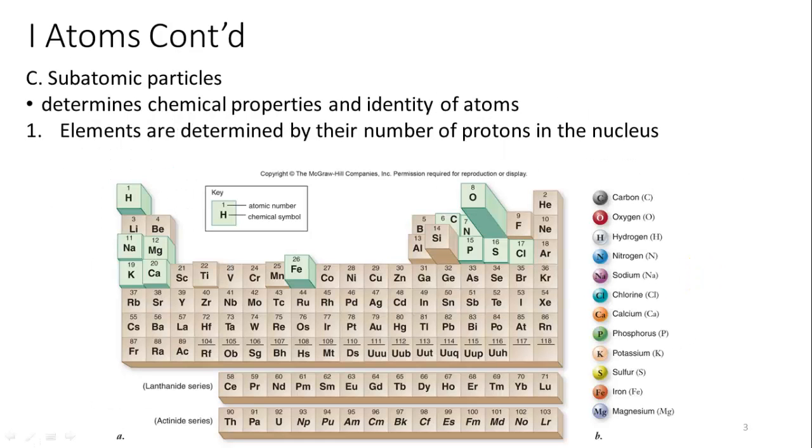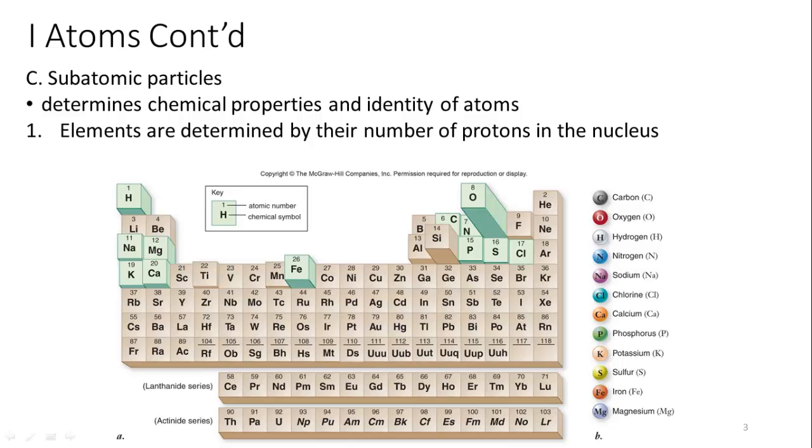These subatomic particles, like I mentioned before, determine the chemical properties and the identity of atoms. These atoms, which are different, are called elements. Elements are defined by the number of protons in the nucleus, which also corresponds with their atomic number.